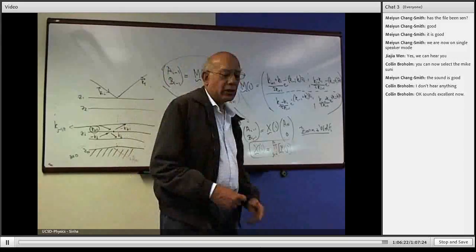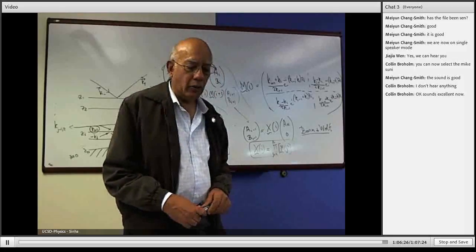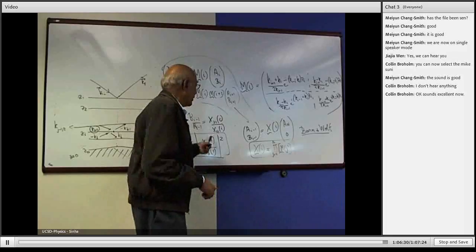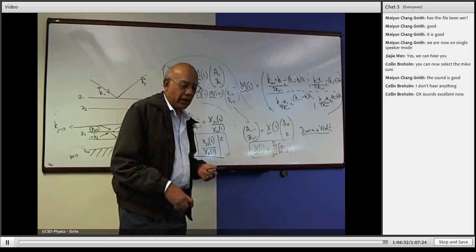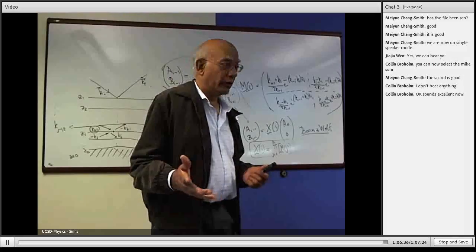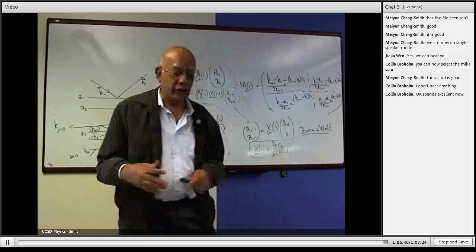I'll talk about the limitations of reflectivity, what you can deduce from reflectivity. By the way, when you measure reflectivity, you don't measure it out to Q_z equals infinity, because it drops very rapidly. So you measure it out to a finite Q_z.